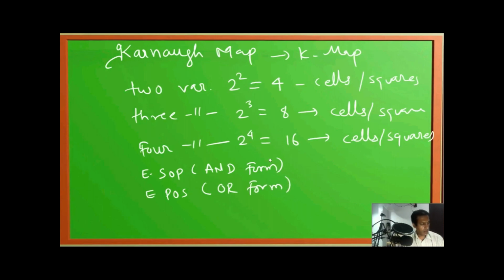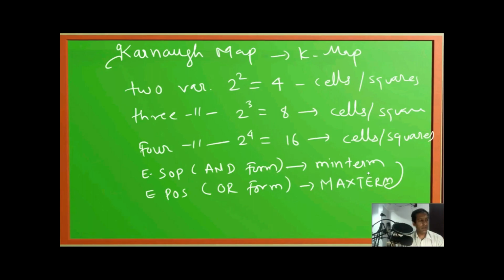Each product term in the standard SOP is called a min term, and if we convert it into POS form, it is a max term.